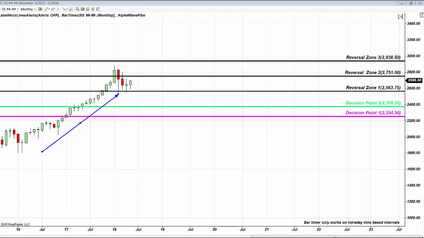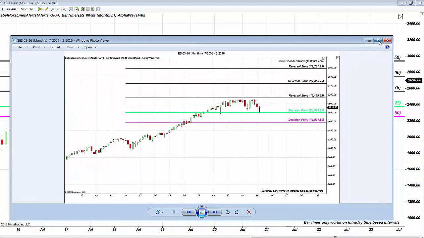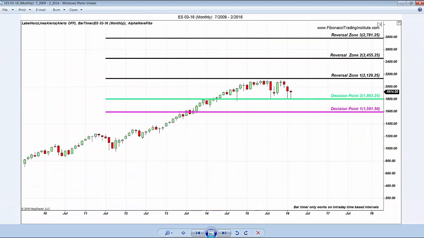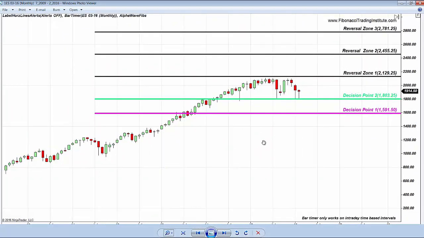This is S&P from the trading room in 2016. Do you remember this crucial Fibonacci support at the 1800 number? This is 2016. Support respected. What did the market do? Price skyrocketed until 2800. We're seeing selling pressure in play currently.